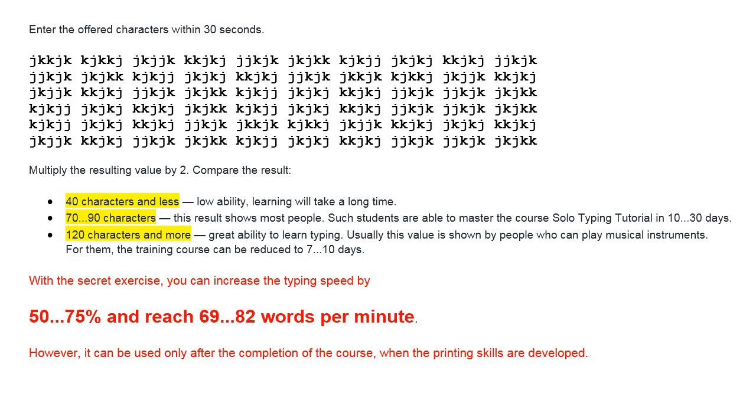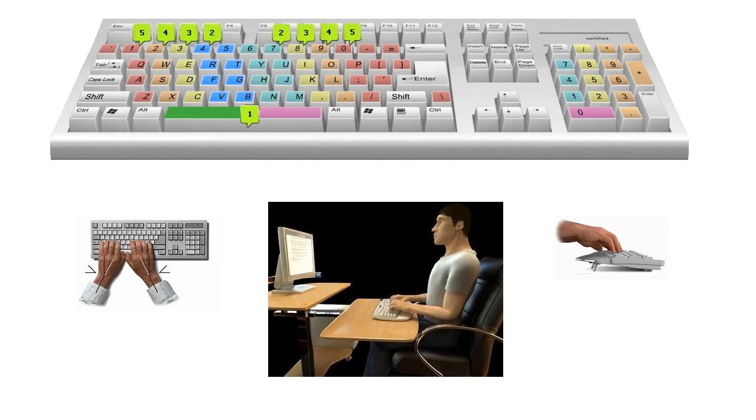Typing is easy. Now let's go directly to the practice. First you need to study the middle row of the keyboard. The middle row of the alphabet keyboard is called the home row. It consists of 9 letters and 2 keys with punctuation marks.